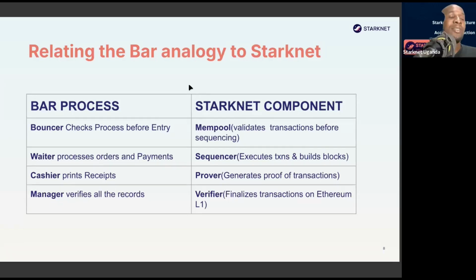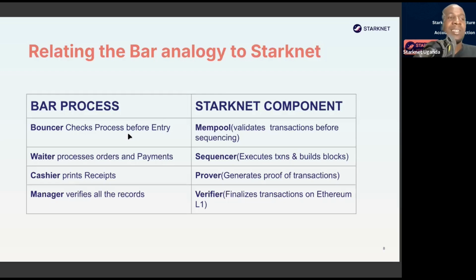I've tried to compare, using a table format, the bar process versus the Starknet components and the functionalities of each. So the bouncer checks the safety, whether you are secure, whether you don't have any harmful weapon. For some people, for example in the case of bars, there are some age brackets which are not accepted.